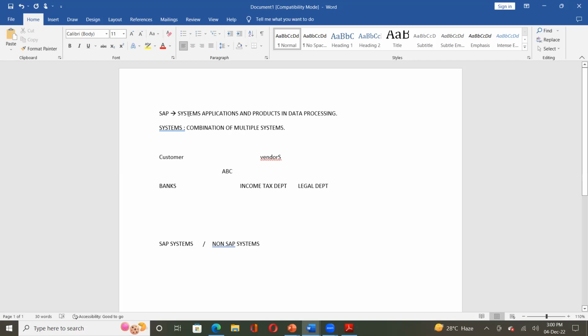So for example, the customer is using different software. Here the customer is using, as I said, JD Edwards ERP. Vendors are using, for example, some other XYZ software.